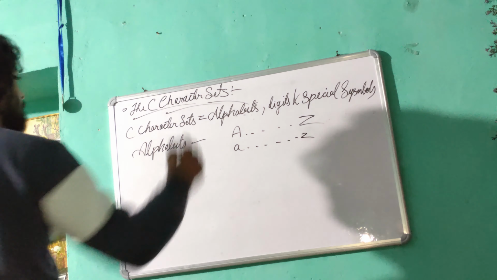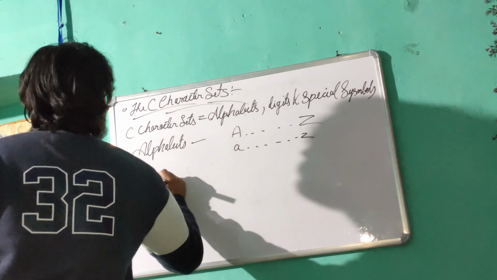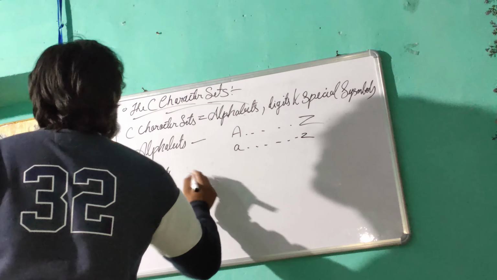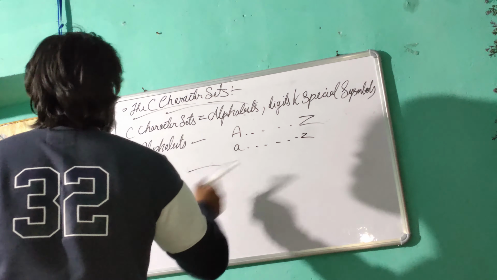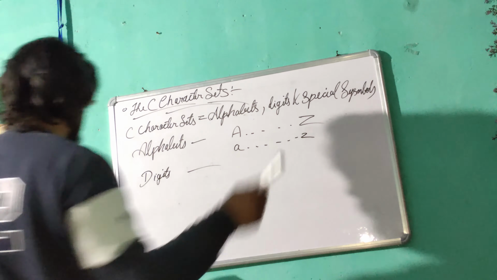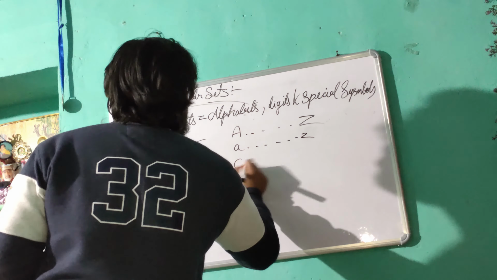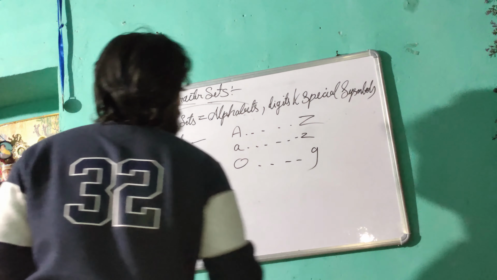Then the character set consists of digits too, from 0 to 9.